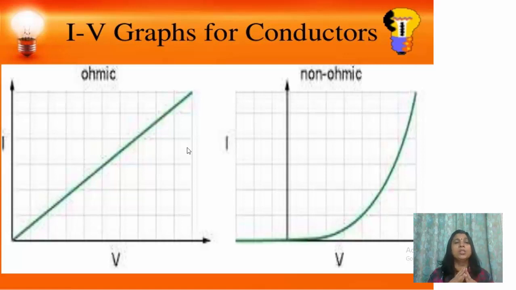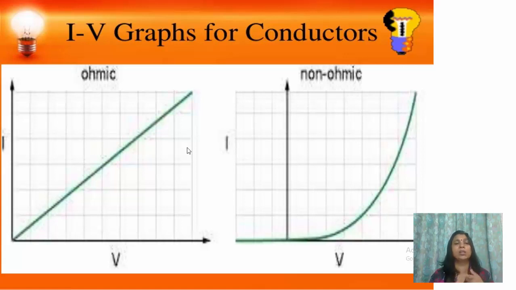If we draw the I-V graph for conductors, we have said they are of two categories. Those which follow Ohm's law are known as ohmic conductors. In this case, if we take the potential difference on the x-axis and the current flowing on the y-axis and draw the graph between these two, it will be a straight line.